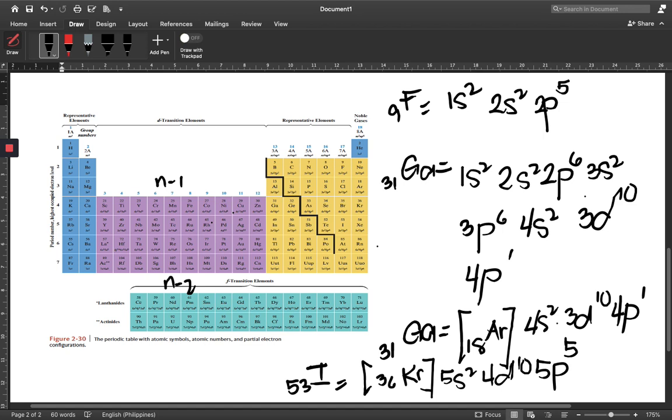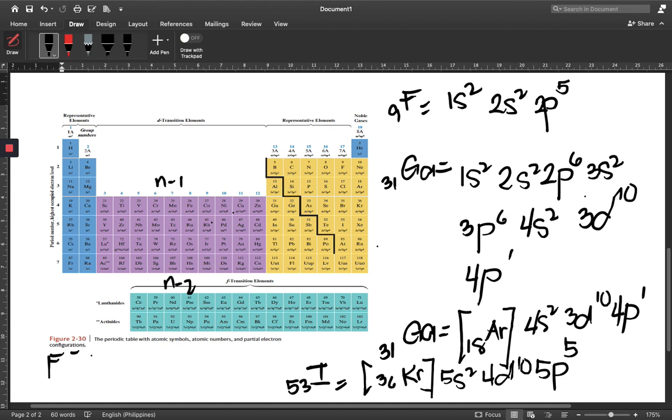Now, if you have ions, you just have to subtract or add the number of electrons. So, for example, if fluorine becomes F minus, remember that the negative sign denotes that there is an added electron.